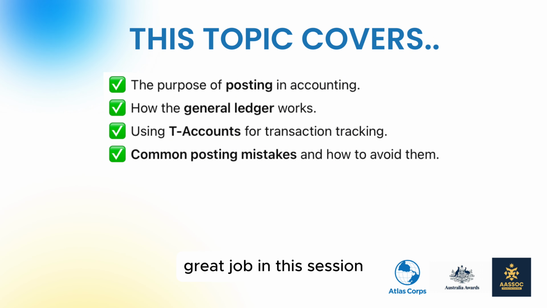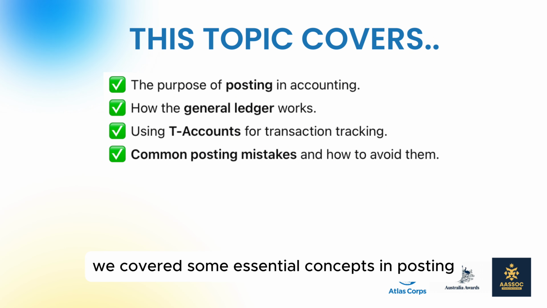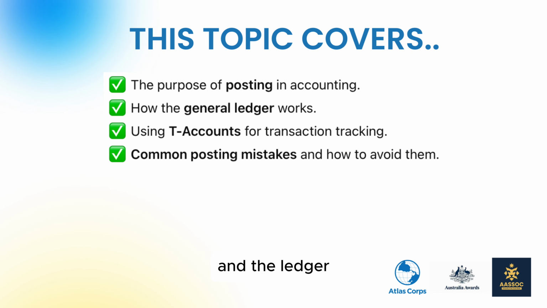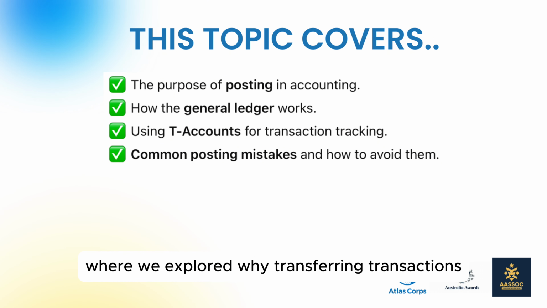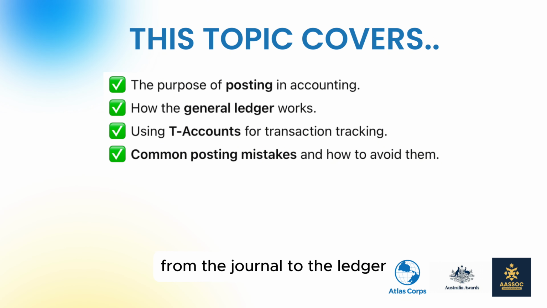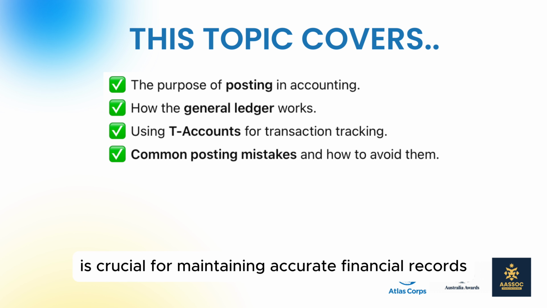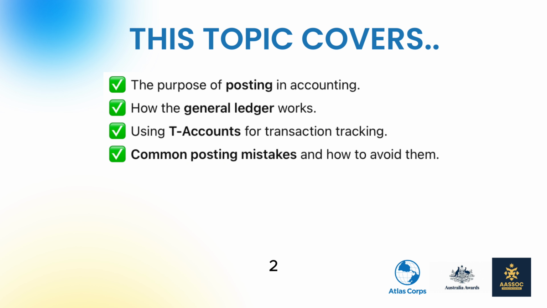Great job! In this session, we covered some essential concepts in posting and the ledger. Let's quickly recap what we have learned. 1. The purpose of posting in accounting, where we explored why transferring transactions from the journal to the ledger is crucial for maintaining accurate financial records. 2. How the general ledger works.